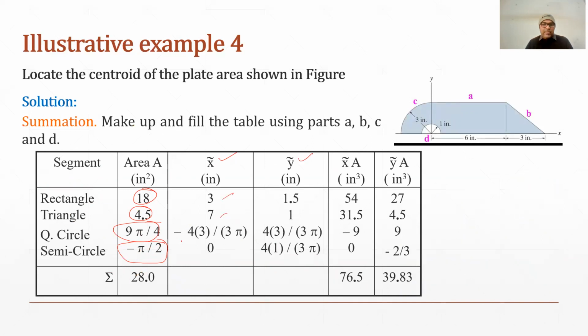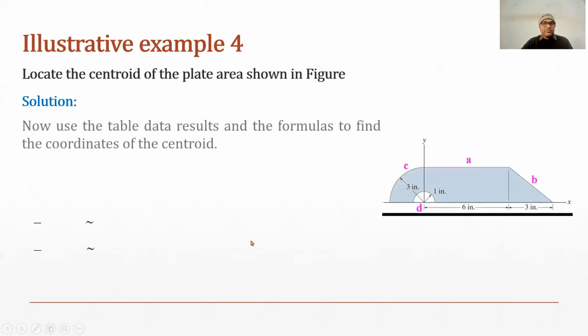So you can see here 4r by 3 pi is the x approx, and we have taken this negative because it is on the left of y-axis. So putting all the values and then determining the product of area and x approx, area and y approx for each area and doing the summation. So once we get this summation, then we will have our formula for x bar and y bar.